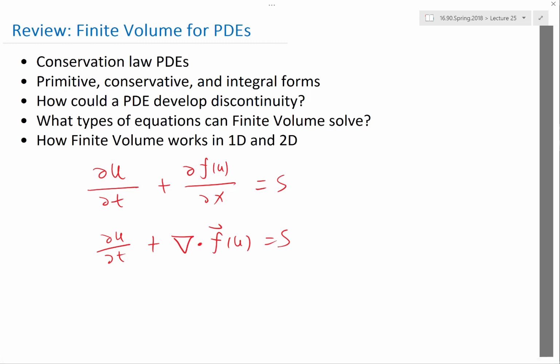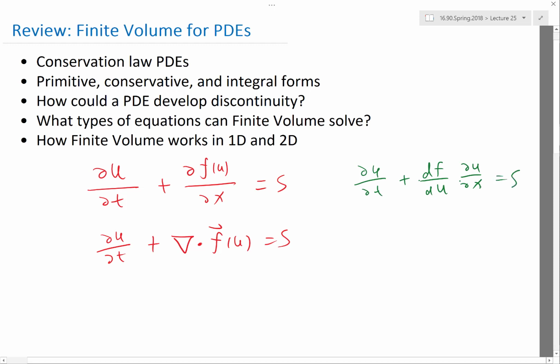And the conservation law PDE has a primitive form and a conservative form. So what we have written down is the conservative form, and the primitive form is just taking the chain rule: df dx is actually df du times partial u partial x.